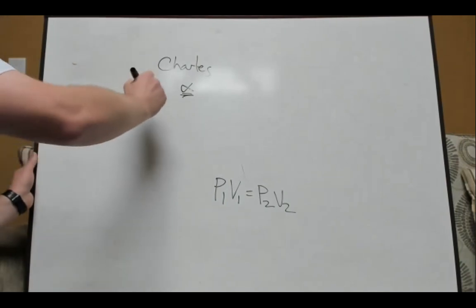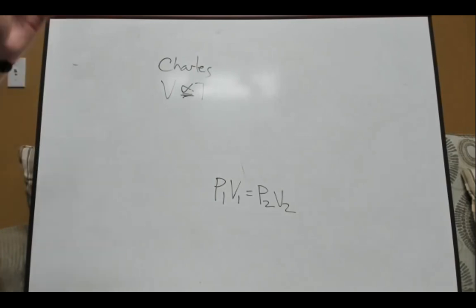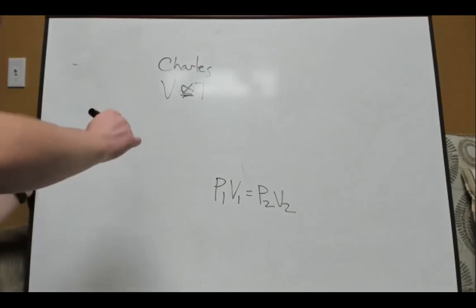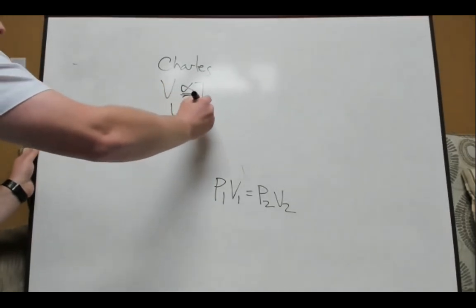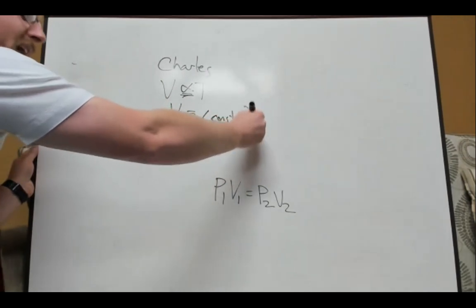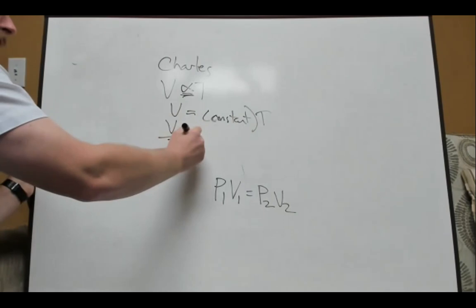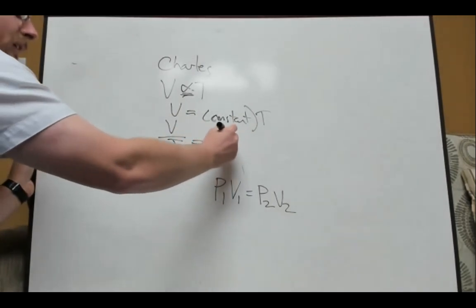Charles's law: volume, we said, was directly proportional to temperature. Temperature goes down, volume goes down. Temperature goes up, volume goes up. So then what we know is volume is equal to some constant. And we're going to solve it the exact same way, right? So volume divided by temperature is equal to some constant.